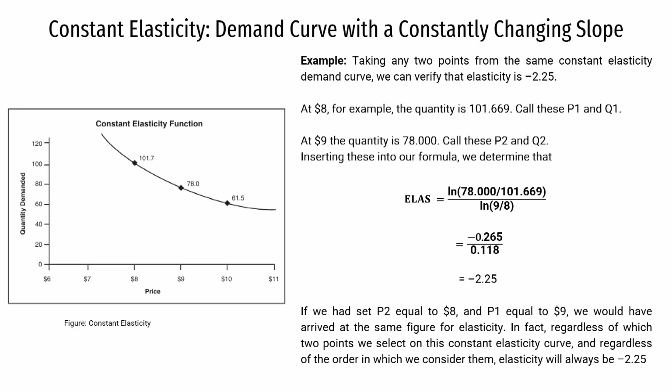If I take the natural logarithm of both the numerator and the denominator, then I get a value of minus 2.25, which is the value of the price elasticity. If we had set P2 equal to $8 and P1 equal to $9, we would have arrived at the same figure for elasticity. In fact, regardless of which 2 points we select on this constant elasticity curve, regardless of the order in which we consider them, elasticity is going to be minus 2.25 throughout the curve.